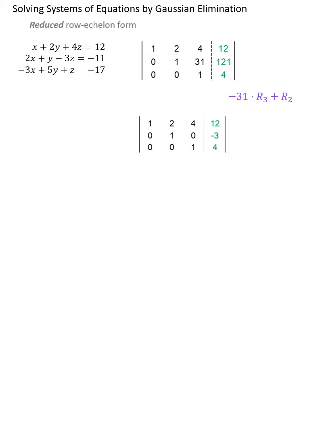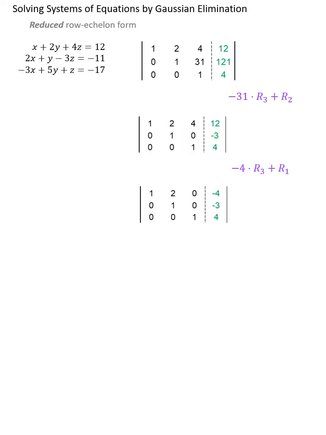Now perform this operation. Hit pause and do that. You should have gotten this result, thus creating another 0. And essentially what we've done is we've created 2 zeros above the 1 in the lower right corner.